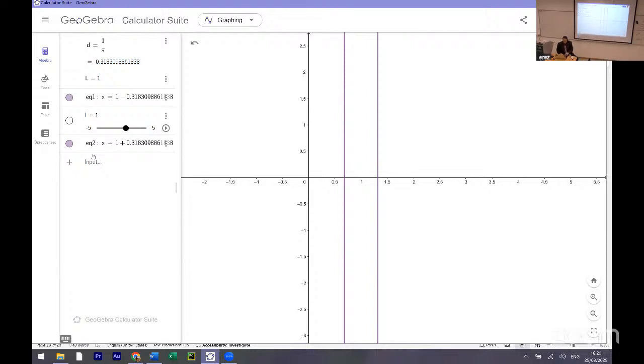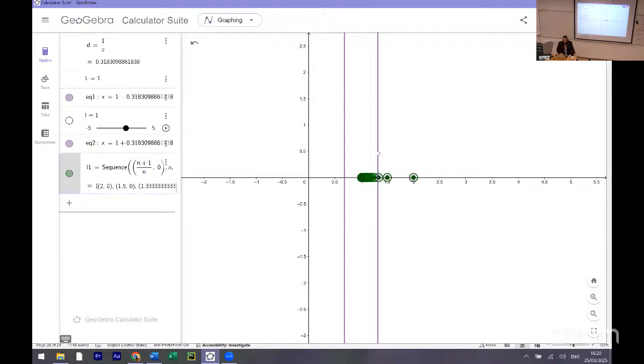Okay, so let's do it. In a sequence, let's take the first 100, I don't know. Sequence of n plus 1 over n, comma 0, where n goes from 1 to 100.